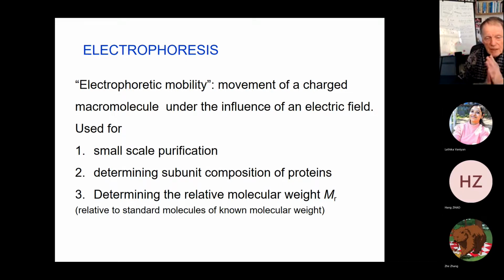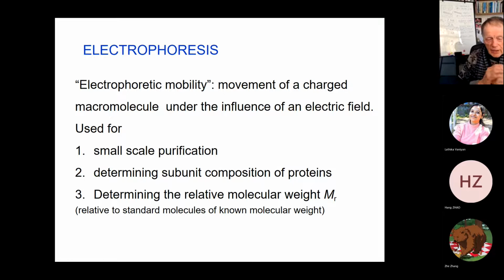So you tend to find that protein solutions are charged, and depending on whether the pH is below or above the isoelectric pH, the protein will have either a net positive charge, if it's below the isoelectric pH, or net negative if it's above the isoelectric pH value.